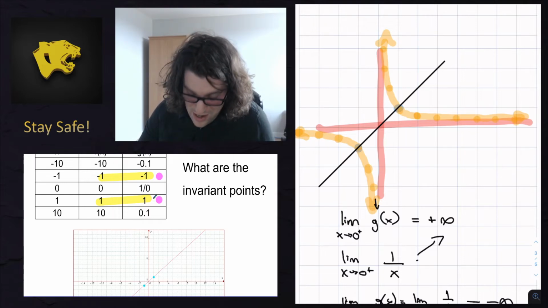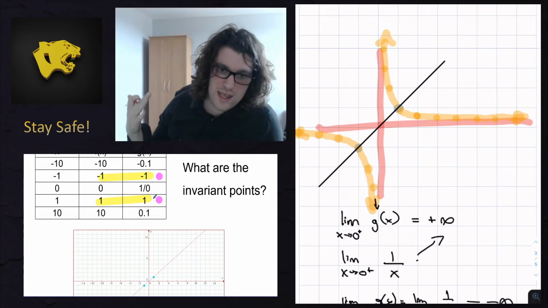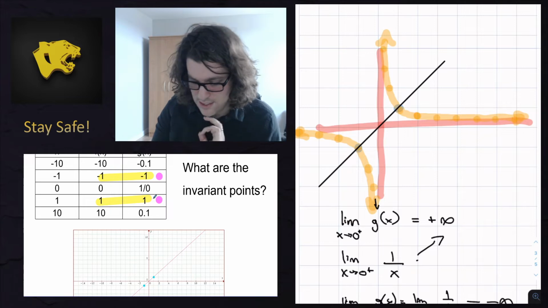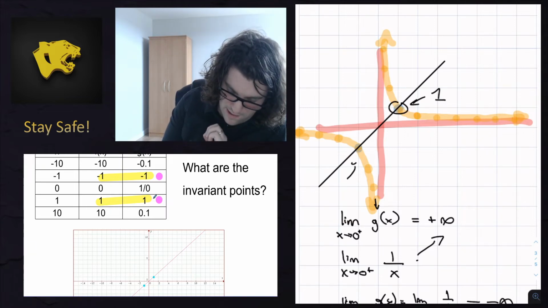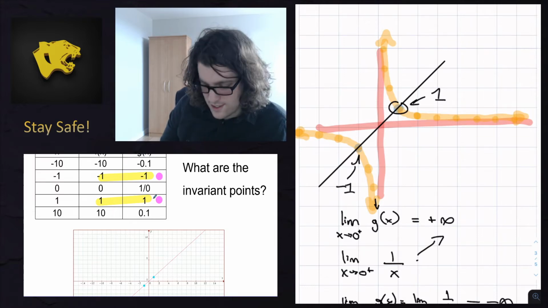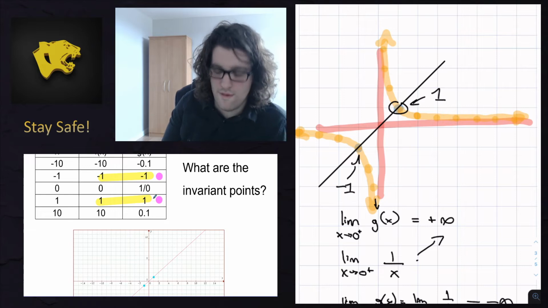All right, so the idea here is that we get invariant points that are very easy to mark off because they are the positive ones and they are the negative ones. And then we're going to get some funky behavior when we get zeros, because zeros become 1 divided by 0.